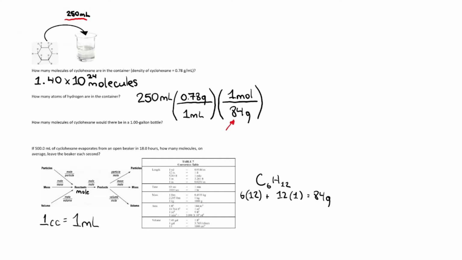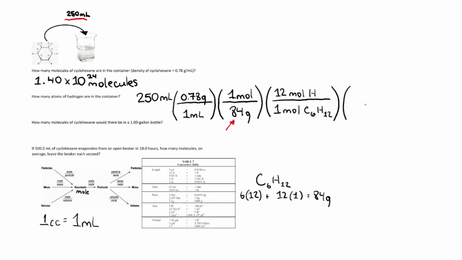So that's how I got that, if you're wondering. And then, now that we're in moles, we could go 1 mole of cyclohexane, so carbon 6, hydrogen 12, and then for every 1 mole of cyclohexane, you get 12 moles of hydrogen.